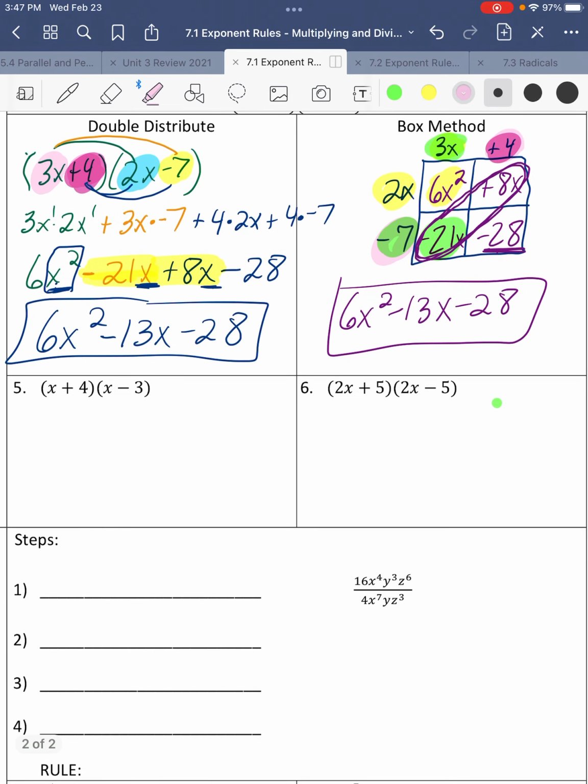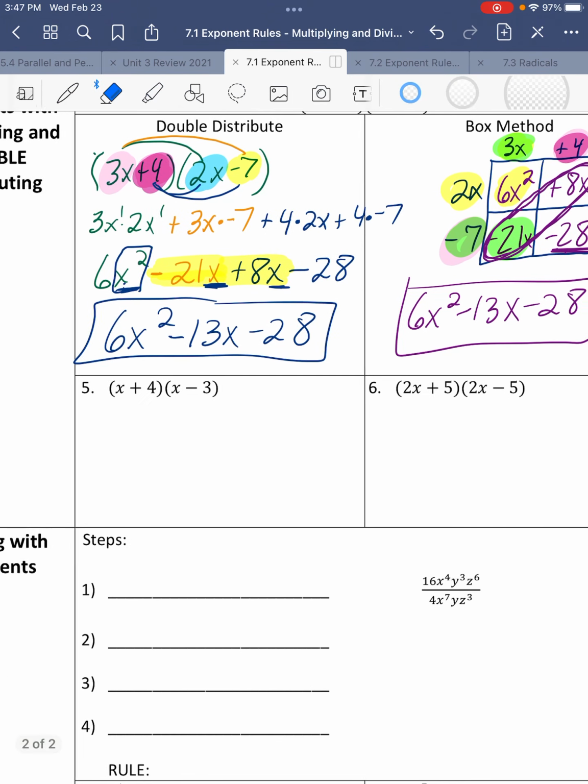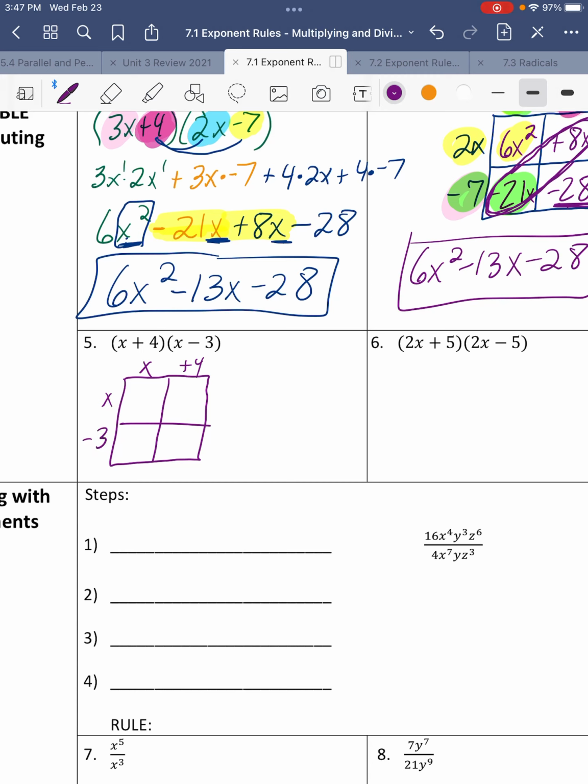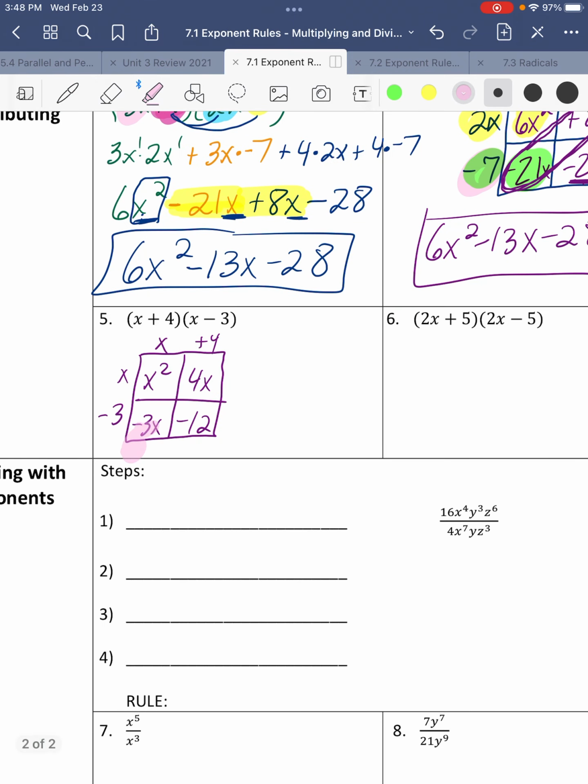I'm going to do the box method. So I have x plus 4, x minus 3. Multiply x times x is x squared, 4 times x is 4x, x times negative 3 is negative 3x, negative 3 times 4 is negative 12. Look at your like terms.